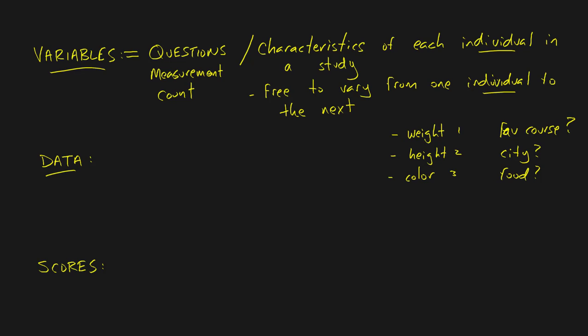So then what is data? Well, data is effectively all of the answers collected. All of the answers that we reported, we measured, we counted, all of the answers that we got in our study. And that ties in very closely with scores. Data and scores are really just the singular and the plural of each other.